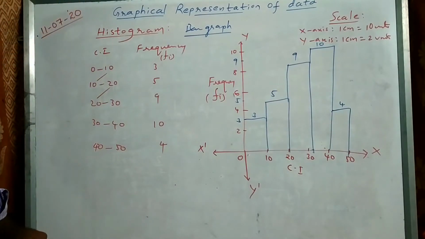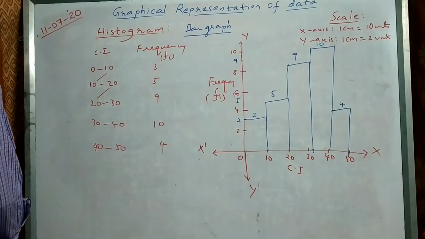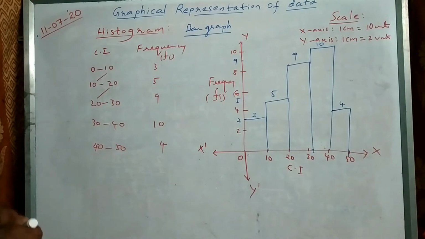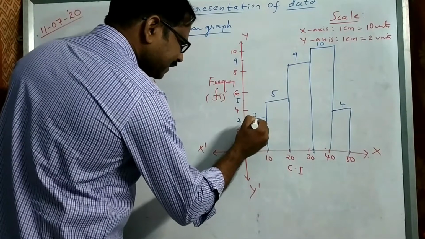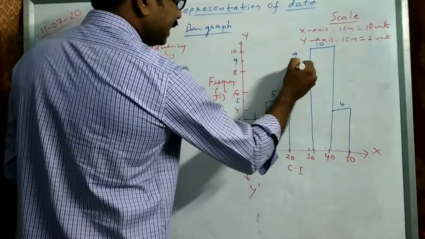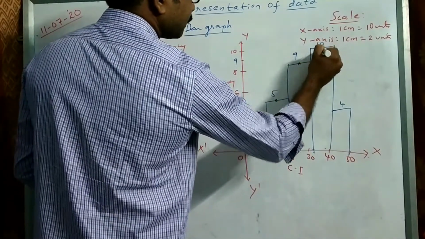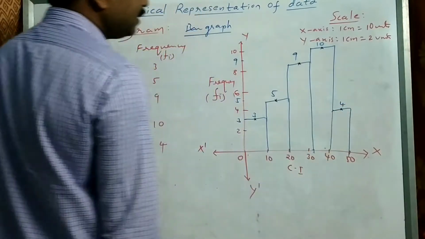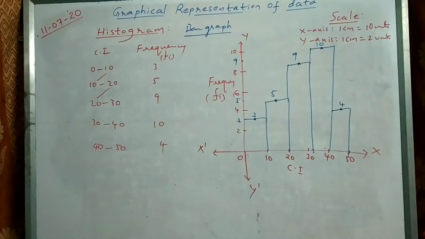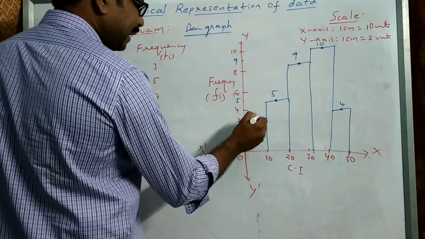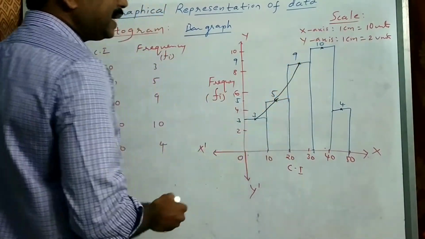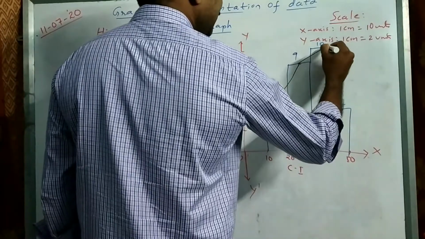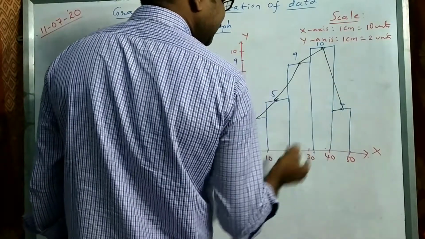One more thing. After getting the histogram, if you join exactly midpoints of these bars, if you join the midpoints of these bars exactly with the scale, straight line segments, using scale, that is called the line segments.